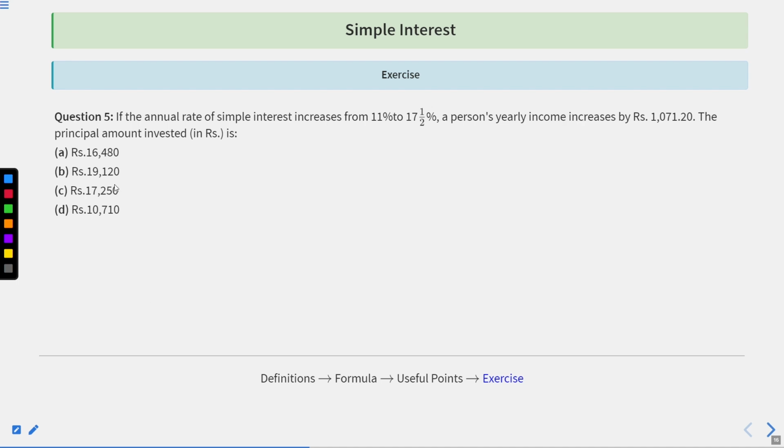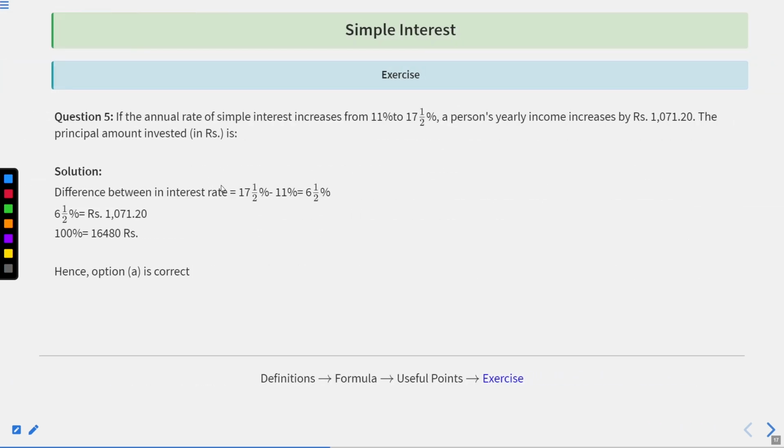Question number 5. If the annual rate of interest increases from 11% to 17.5%, a person's yearly income increases by 1,071.20. So principal amount invested in rupees is.